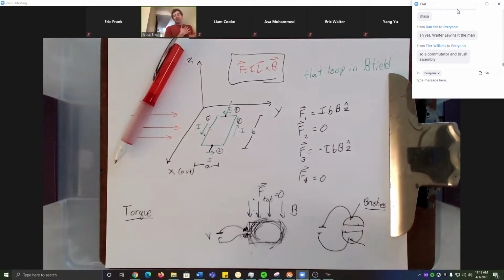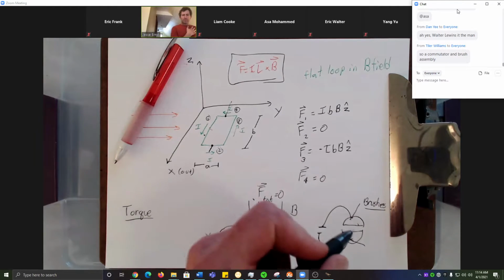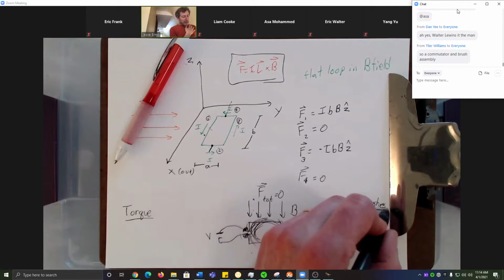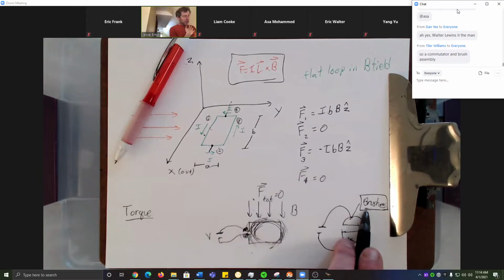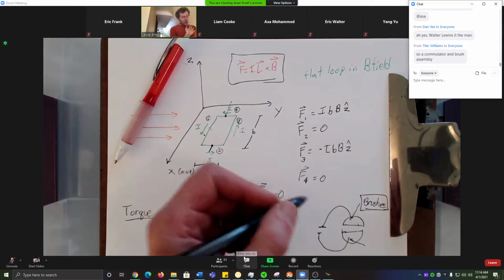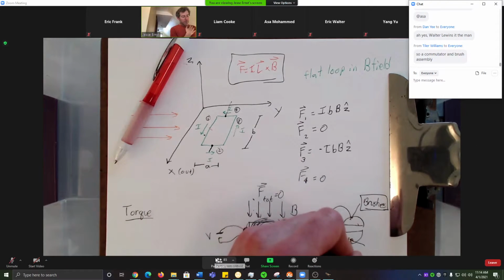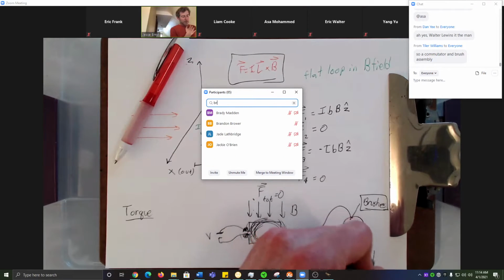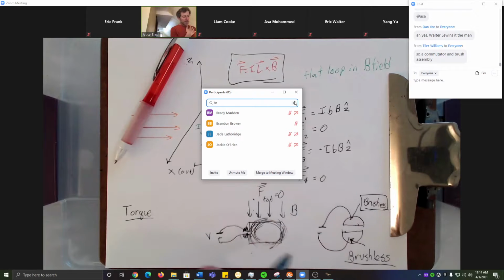Now, if you look at some fancier motors, so on drones, yes, a commutator and brush assembly, Tyler, yes. Okay. So now actually, rather than brushes, drone motors and most really modern electric motors say they're brushless motors.